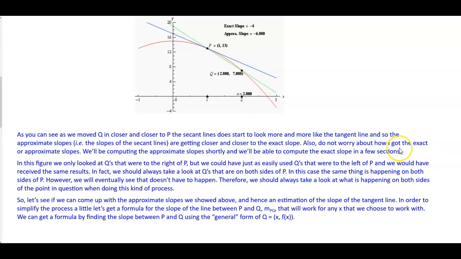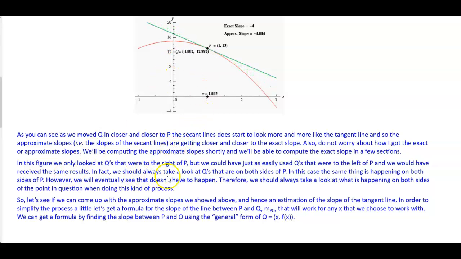Also, do not worry about how I got the exact and approximate slopes. We'll be computing the approximate slope shortly, and we'll be able to compute the exact slope in a few sections. Now in this figure, we only looked at Q's that were to the right of P, but we could have just as easily used Q's that were to the left of P, and we could have received the same results.